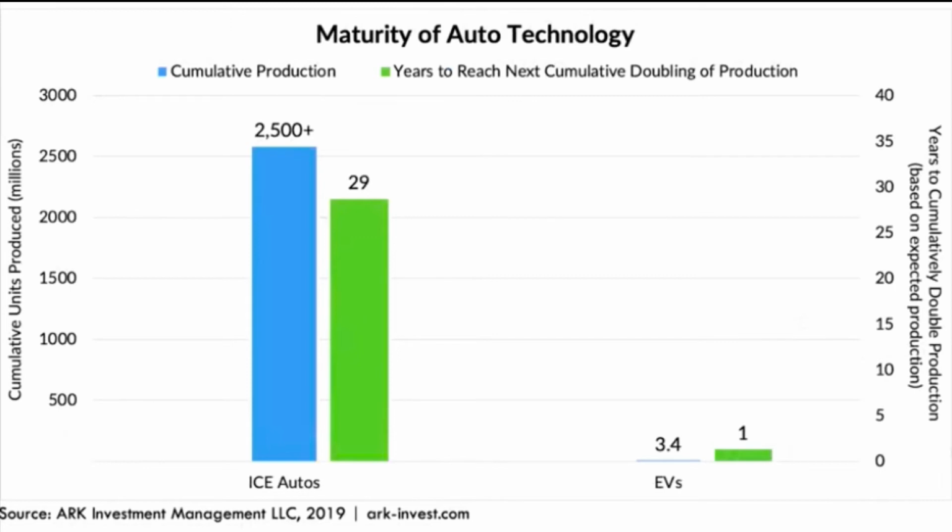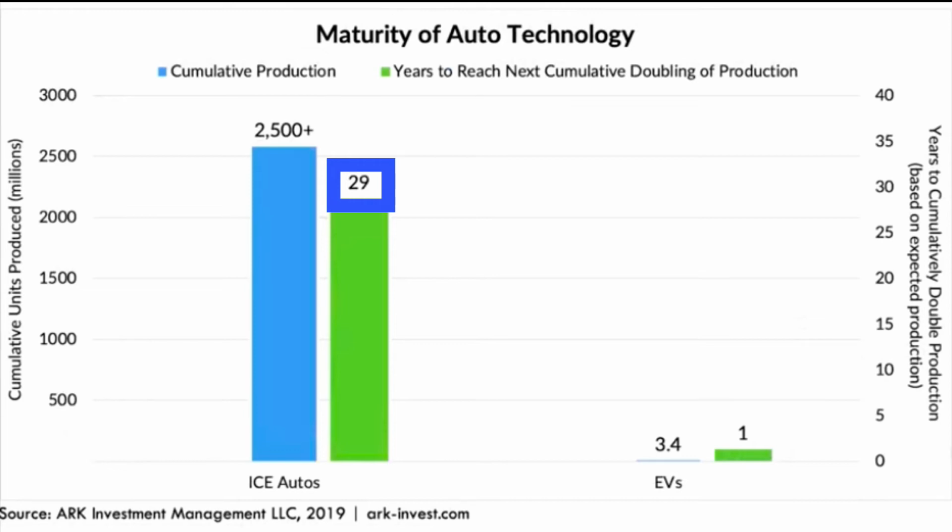Based on that industry's current doubling trend, it would take another 29 years for the next doubling and the next 15% decrease in cost. This is not likely to happen anytime in the near future, so gas-based car prices are essentially frozen.